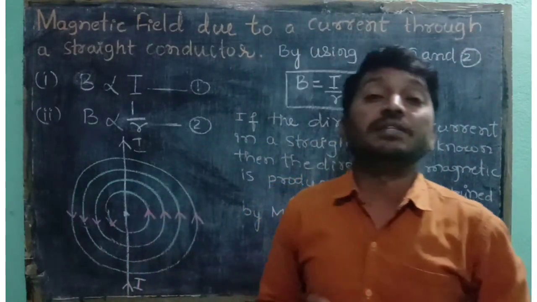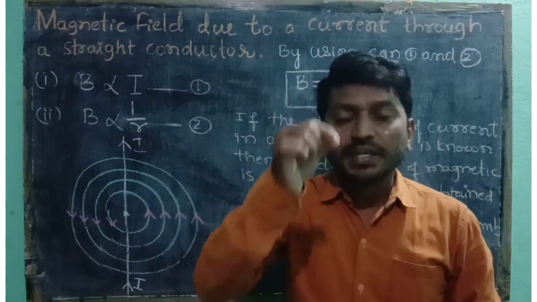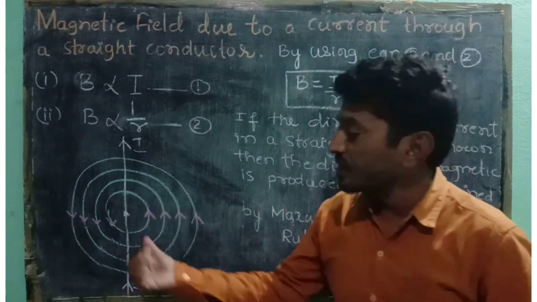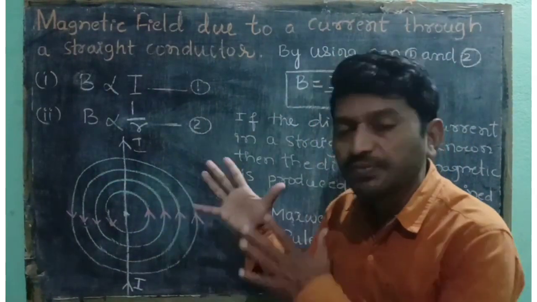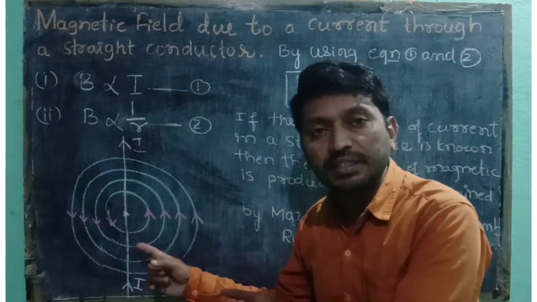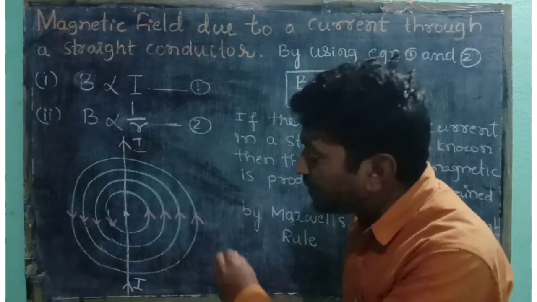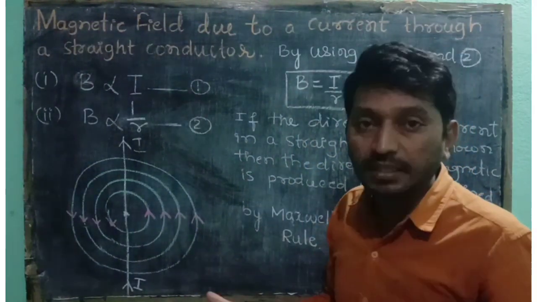Concentric circles means the circles which have the same center point but different radii. Here, when the current is flowing through the straight conductor or the straight wire, the magnetic field is produced in the form of concentric circles.